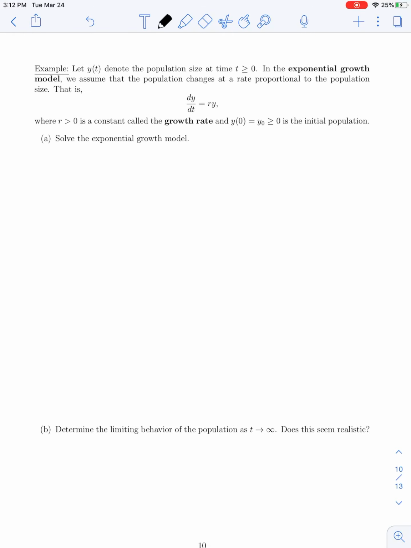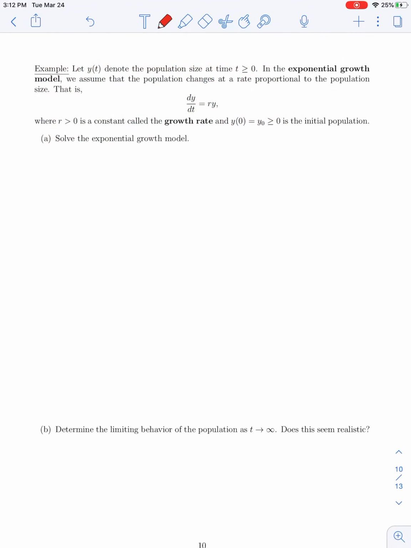So in our next example, we're going to consider the problem of exponential growth. So differential equations are often used in modeling population growth or decay over time. And the easiest example of population growth is the exponential growth model.